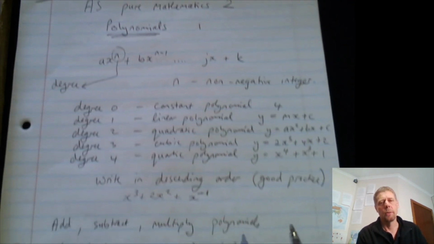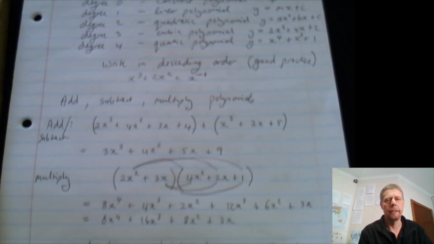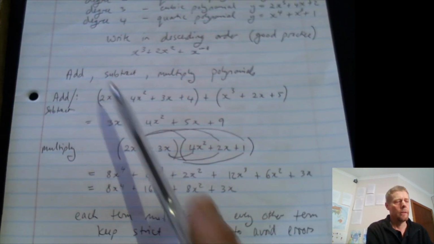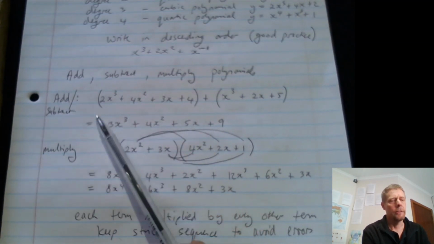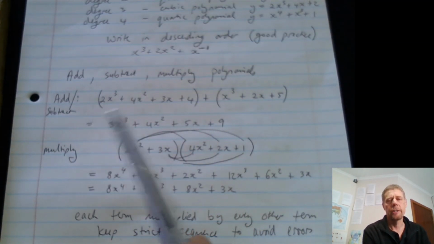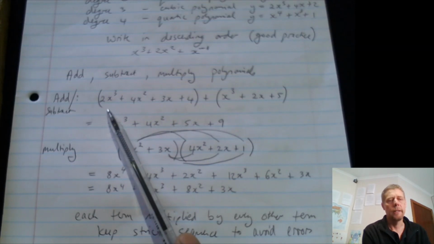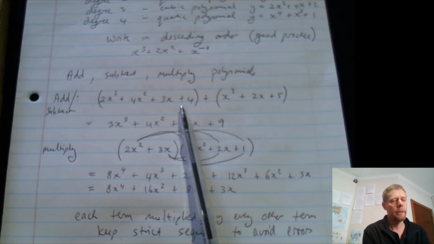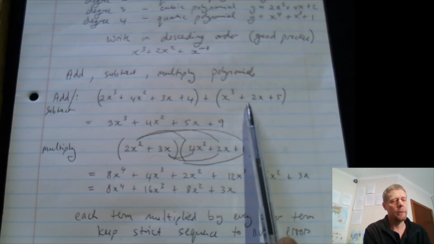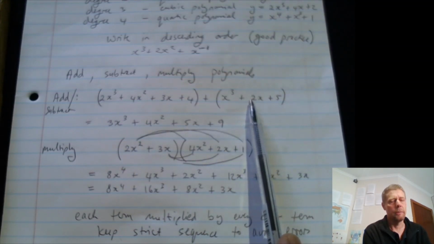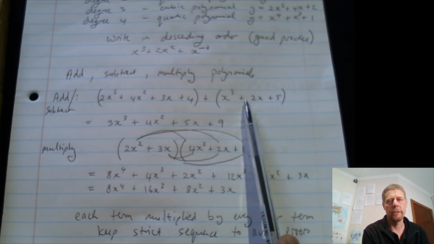So, what do we do with polynomials? Well, we can add, subtract, and multiply them. For addition and subtraction, here's a little example. A cubic polynomial added to another cubic polynomial. You can see here on the second one, it hasn't got an x squared term. That's fine. It just means the coefficient is 0.